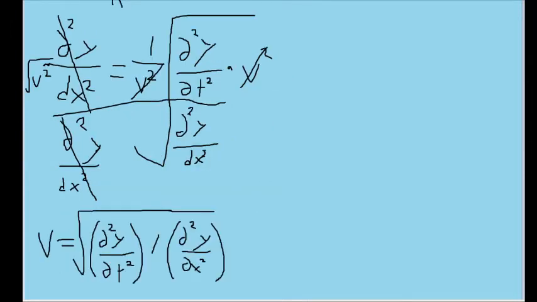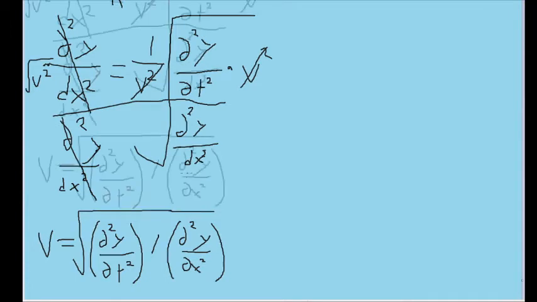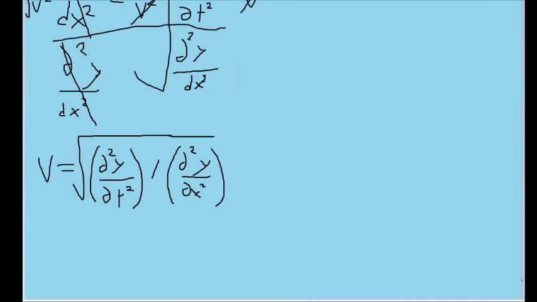Now, doing all of that, except writing it out in a much cleaner manner here, we can see that the speed of the wave, using the wave equation, is given by the square root of the second partial derivative of y with respect to time, divided by, and I wrote it as a slash here so it wouldn't be unnecessarily tall, the second partial derivative of y with respect to x.